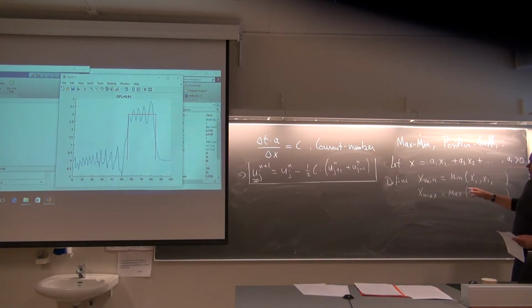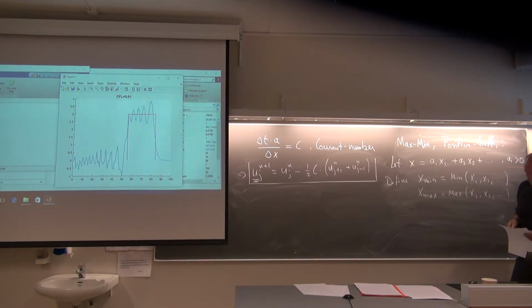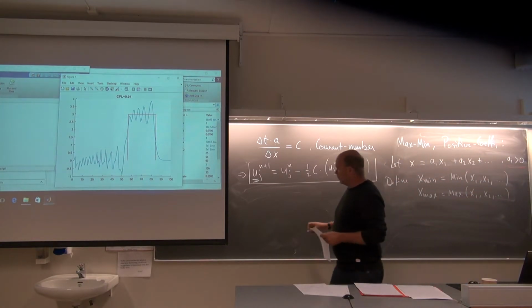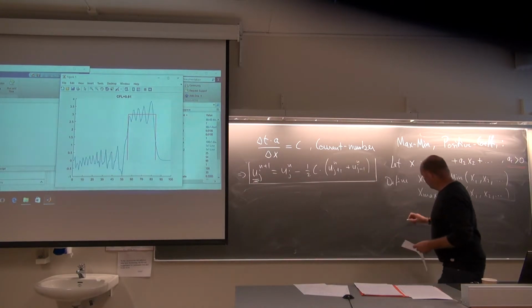If you define it like this, then when we create our new value based on the right hand side, we can write the following.